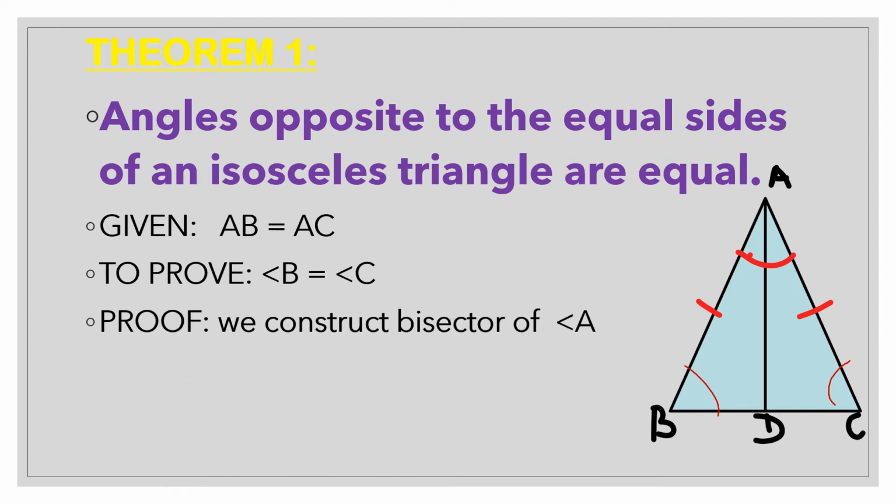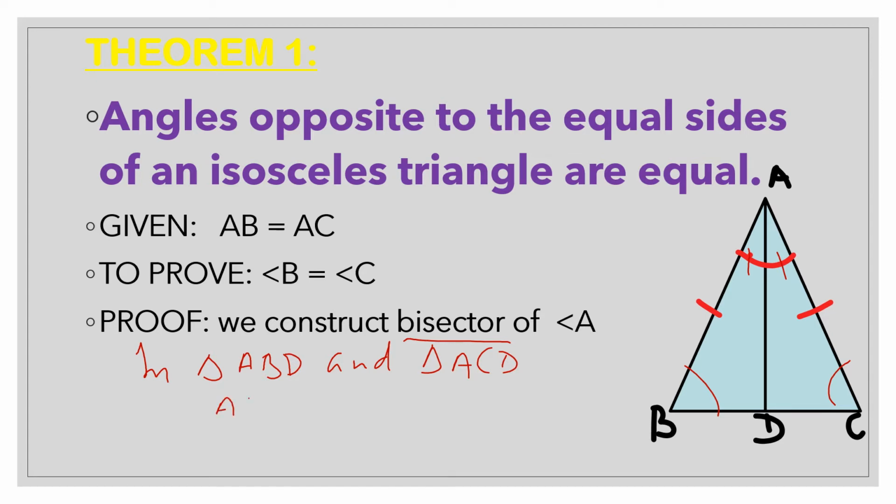Next, for this triangle, we need a construction. We construct a bisector of angle A. What do you mean by the bisector? A bisector is a line segment which divides the angle into two equal measures. So, when you start the proof, you must write down the triangles you are taking: triangle ABD and triangle ACD.